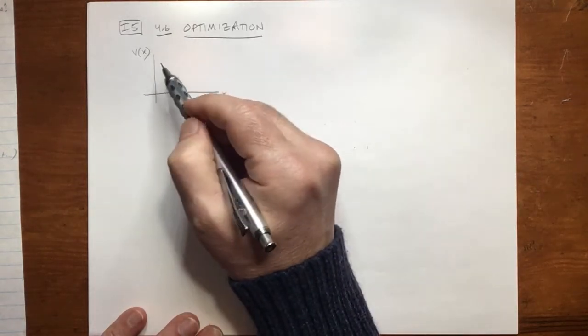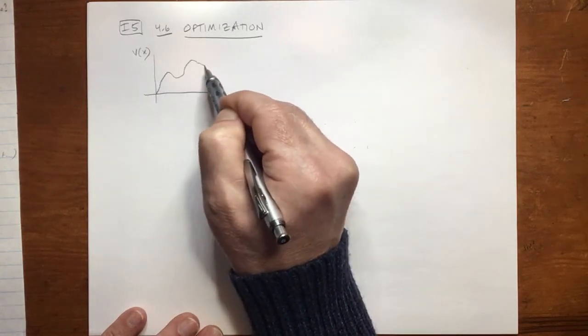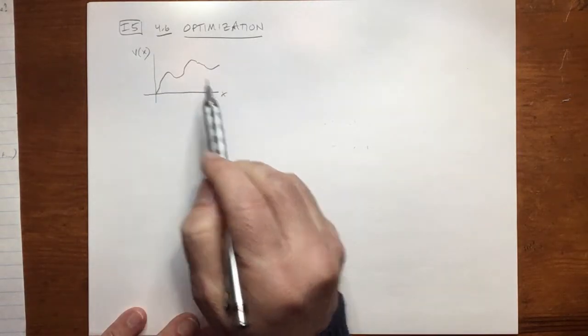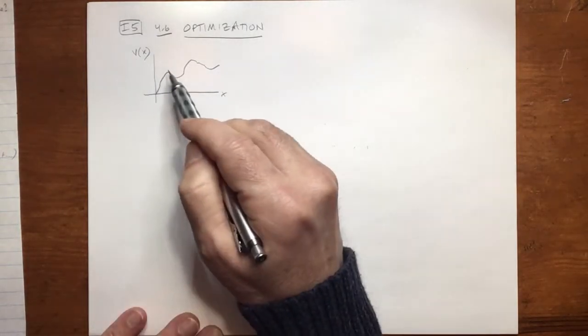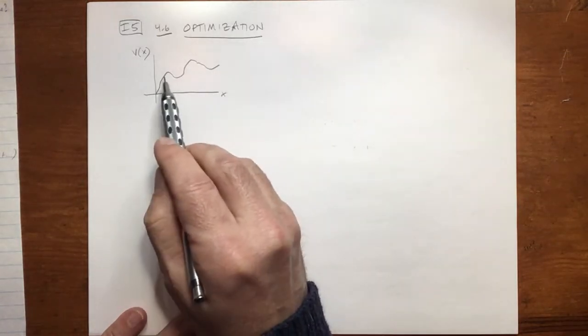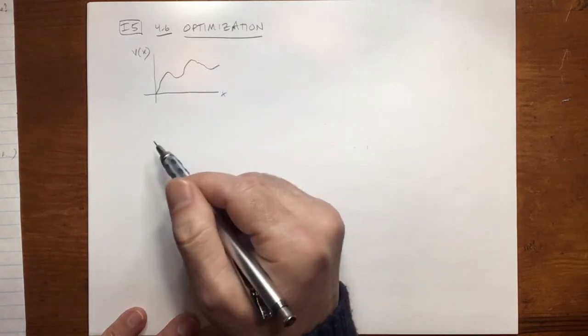And maybe it's not a cylinder, maybe it's some oddly shaped object. If you were to plot the volume relative to that dimension, you might get a weird curve. As this x increases here, the volume goes up, but for whatever reason, maybe as x gets bigger here, it goes down.